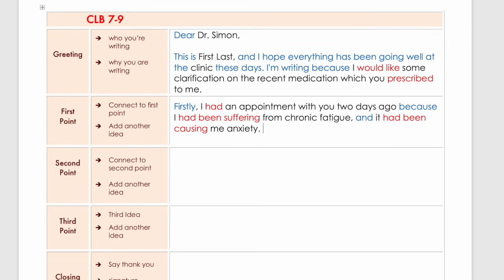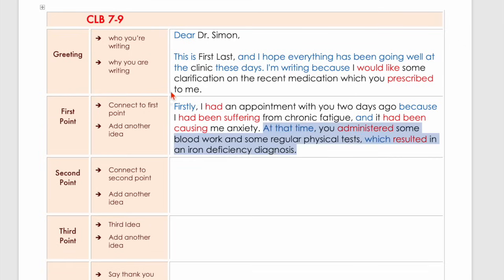Now we want to explain a little more. Maybe we can explain what happened at the appointment. Let's do that. At that time, you administered some blood work and some regular physical tests, which resulted in an iron deficiency diagnosis. Well, we said that the doctor administered some tests, some regular physical tests.